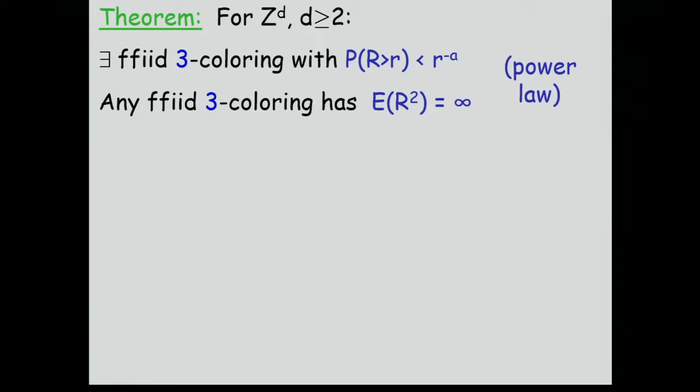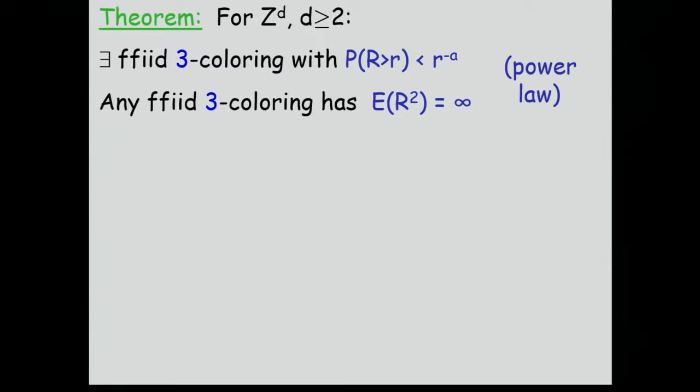So Z^d with d greater than or equal to 2. What about 3 colors? Well, you can do it with 3 colors. So there does exist a finitary factor of IID 3-coloring, and it has a power law tail. The probability you have to go further than distance R decays like at least a power law, and you can't do better than a power law.